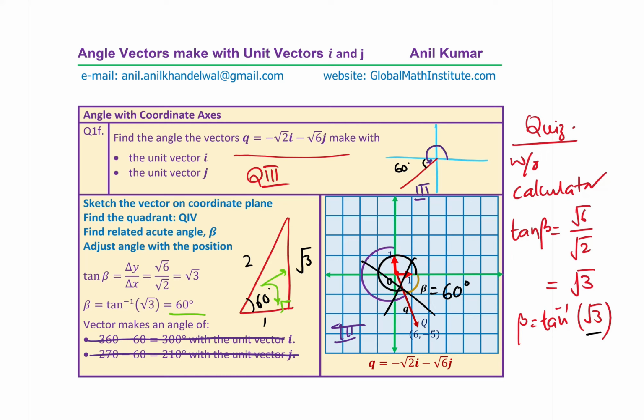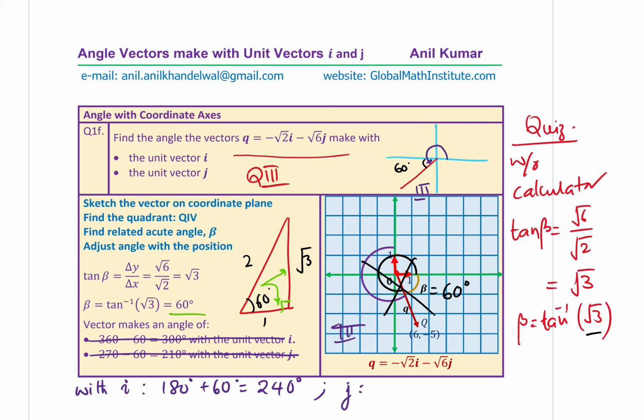So we get the angle with i is 180 degrees plus 60 degrees, correct? Which is 240 degrees.